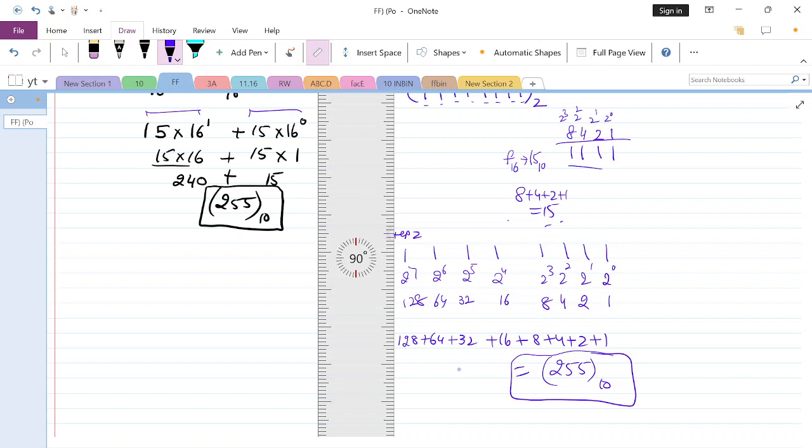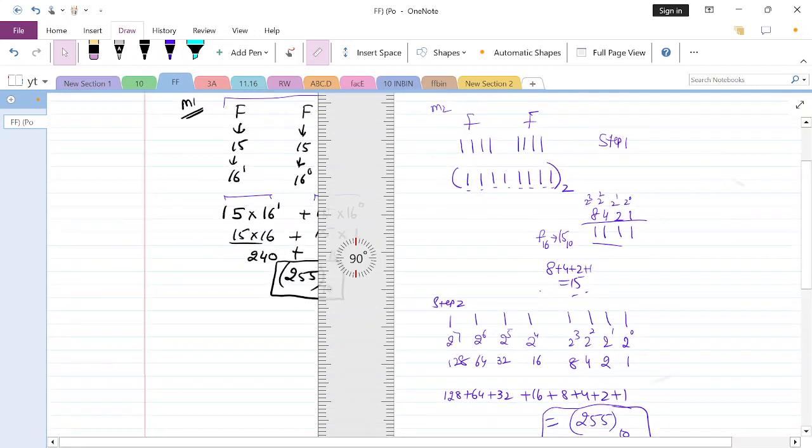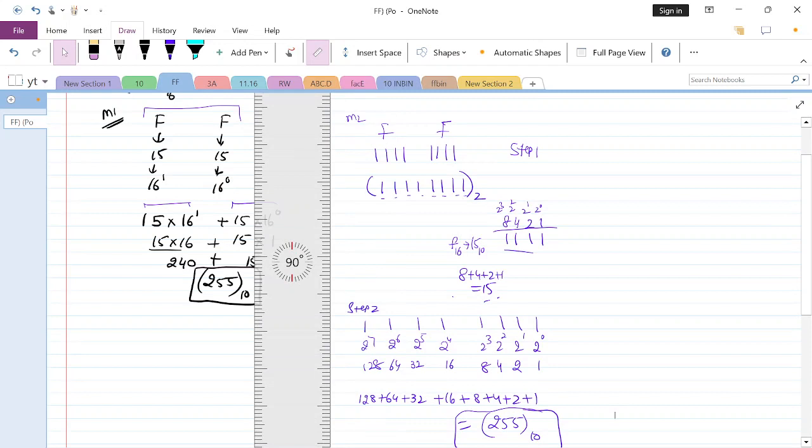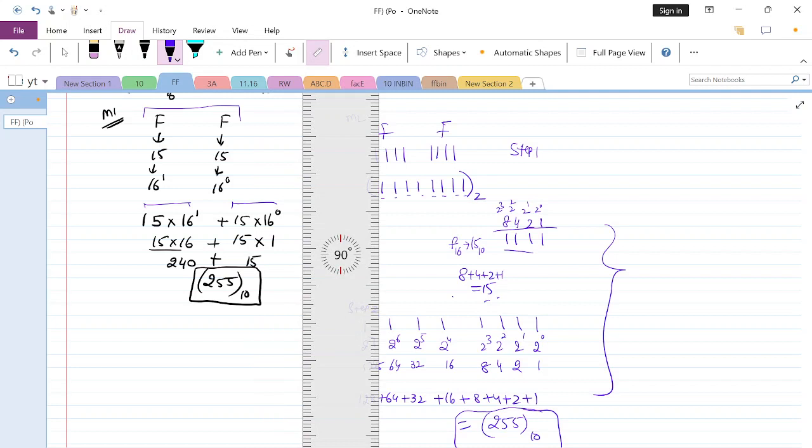But you have to handle fewer digits in hexa, and when you go for the binary method, you will have to deal with more bits. So we can remember this method. Especially if you are asked to perform this conversion using this method, then you can use it, or if you are asked specifically to perform using both methods, you can do that. But if the method is not specified, then generally this is the preferred method, right?